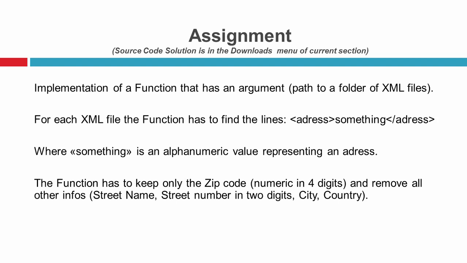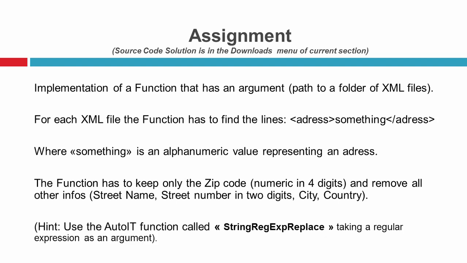And the idea is to keep only the zip code as output in a kind of output folder, based on the dataset you will implement before. So the hint here is to use the AutoIt function called StringRegExpReplace, taking a regular expression as an argument. So think about a regular expression that matches the zip code, that means the numeric field of 4 digits. Okay, thank you.